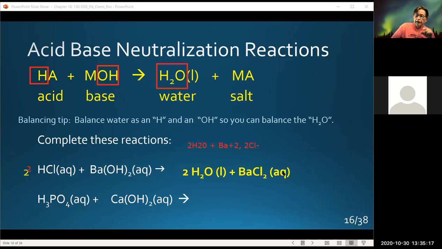How do I know that barium chloride's physical state is AQ? What tool do you have in hand to verify that barium chloride's physical state should be aqueous?